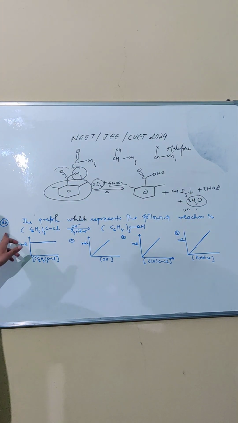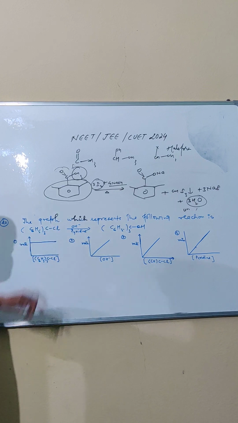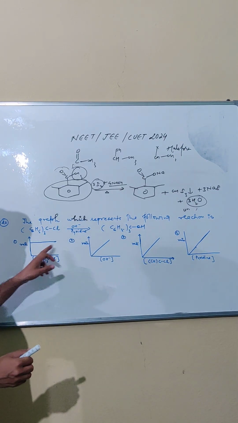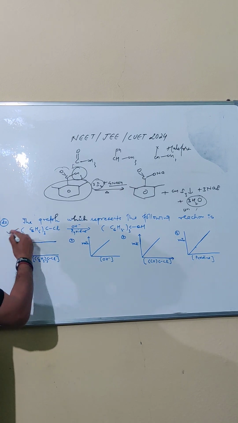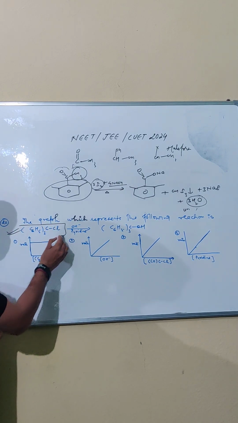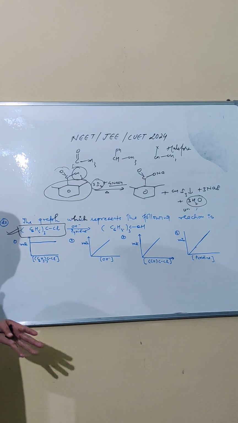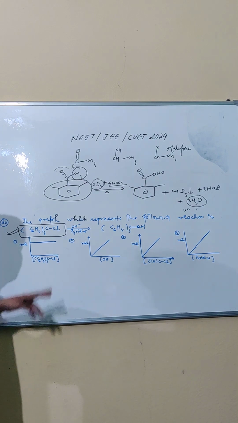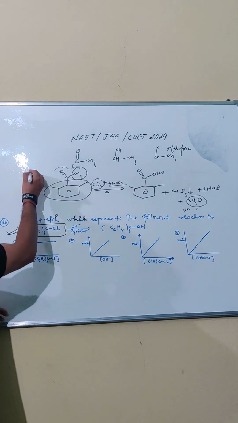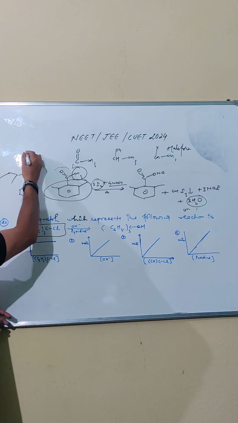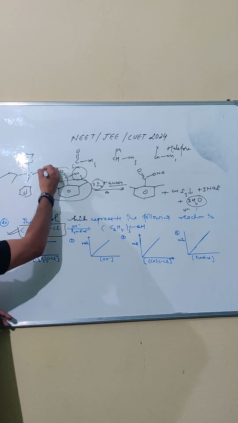Now the last question, that is the 20th question. In this question we have to find out which graph is correct for this reaction. Okay, you can see that this is a 3 degree alkyl halide, because at the carbon we are having 3 phenyl groups, but the halogen is attached to this carbon.